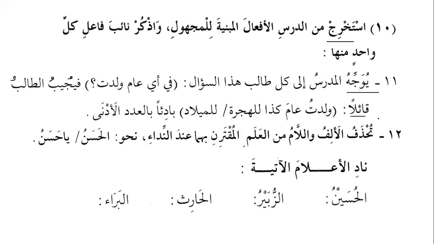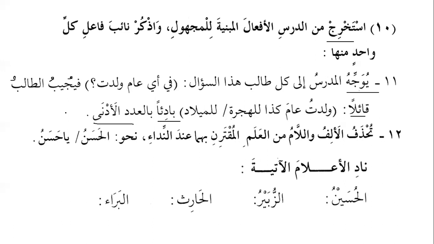Okay, قائلا, saying. This is another form of حال. We haven't discussed this. I think it's in lesson number 27 or 28. So this is the second type of hal. In lesson number 2, we have learned about waw al-hal, and this is another type of hal. قائلا, saying. ولدت عام كذا للهجرة للميلاد. And again, باديا, by starting بالعدد الأدنى, from the lowest or the smallest number.